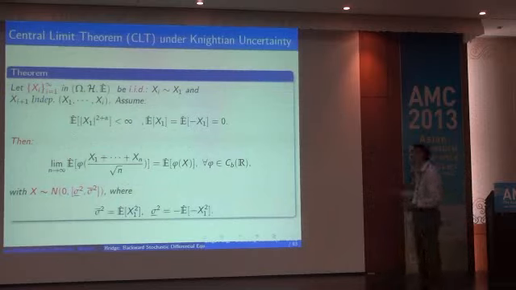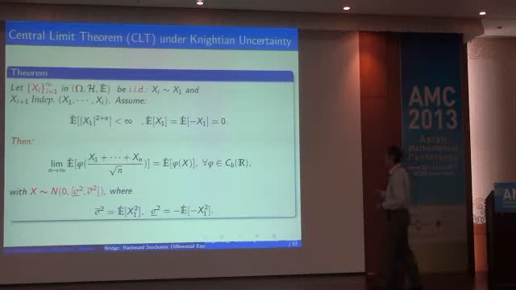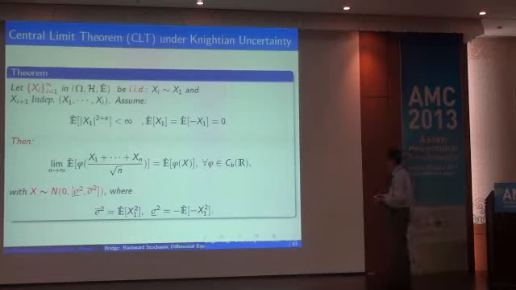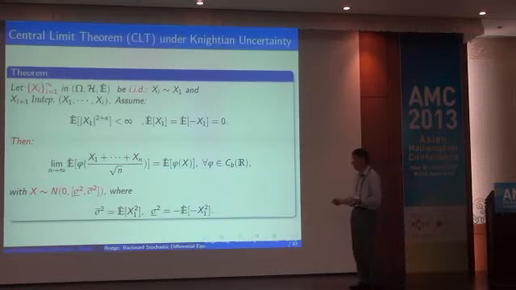With this, we have the central limit theorem, telling us that if you have random variables, in fact functions defined on this space, and these random variables are IID under nonlinear uncertainty, then we have convergence to X, which gives us the normal distribution in this case.